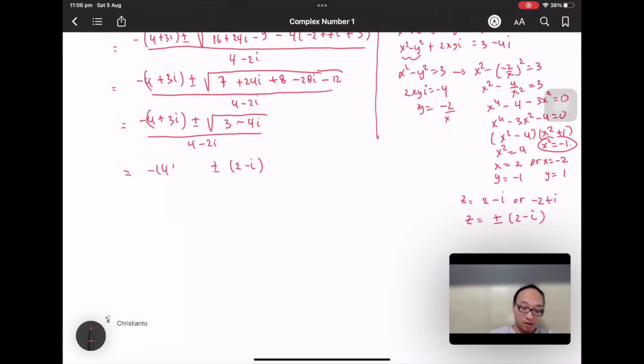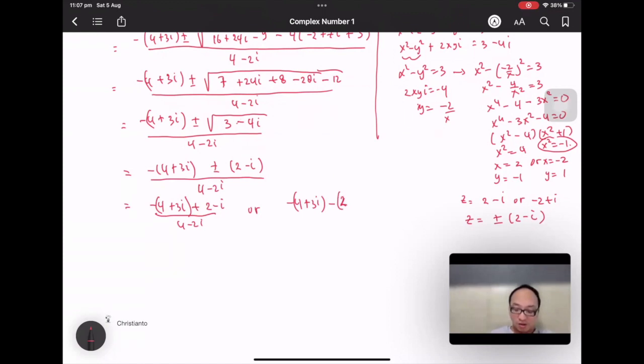So negative 4 plus 3i over 4 minus 2i. So quite long. So (negative 4 plus 3i) plus or minus (2 minus i) over 4 minus 2i.